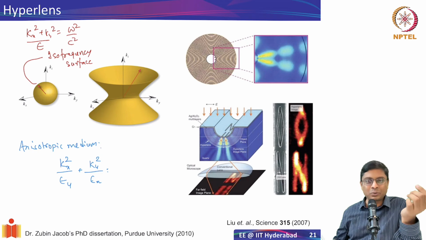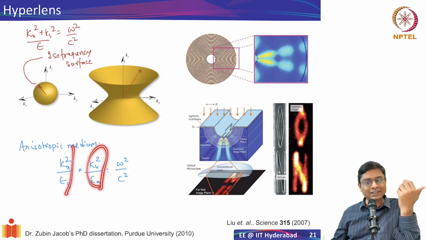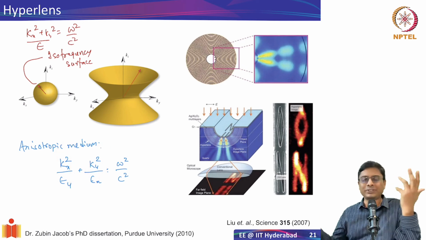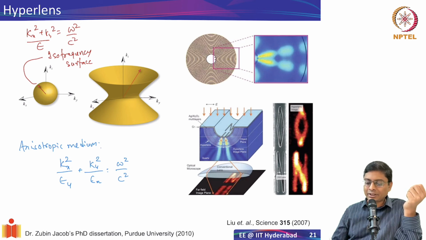I am not explaining why this comes out, but just trust me. So when I have two different anisotropy, basically my refractive index is going to be different in the x and y directions. You can even put the z direction, it doesn't really matter. If you have this sort of anisotropic medium, then your isofrequency surface becomes an ellipse. It's no longer a circle.